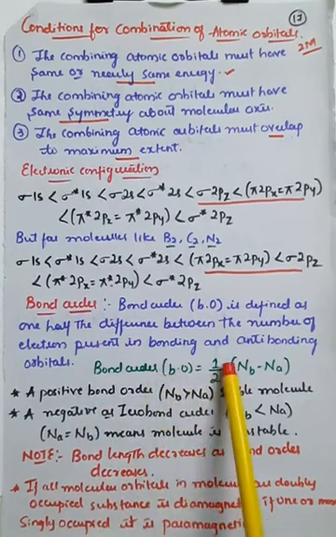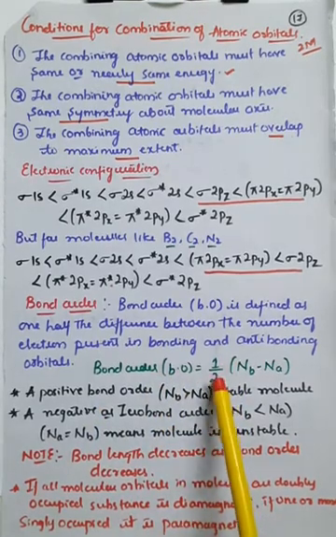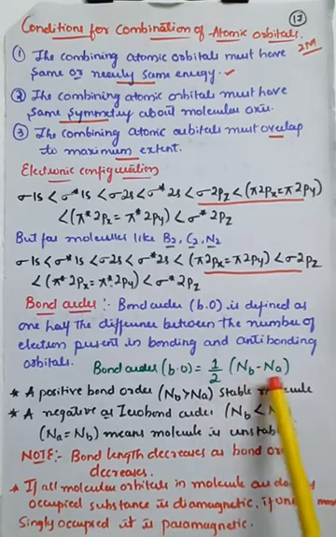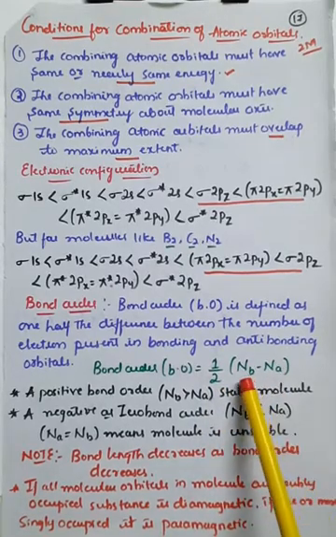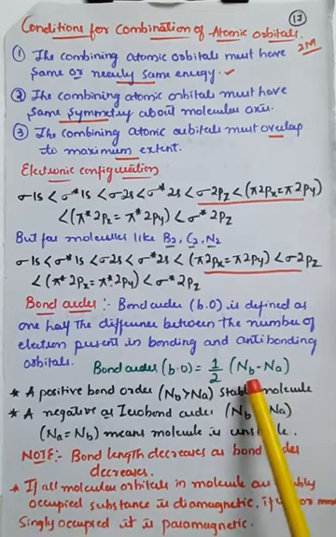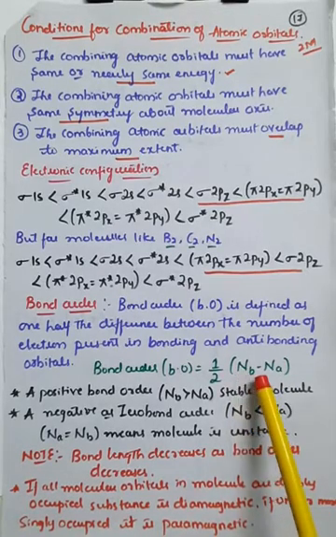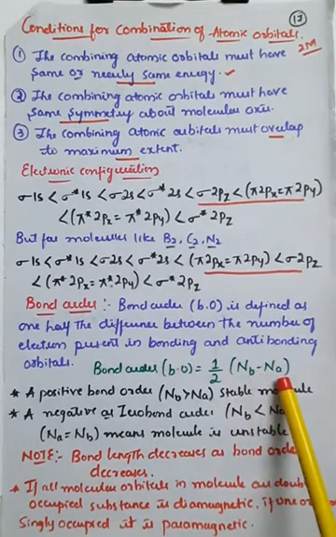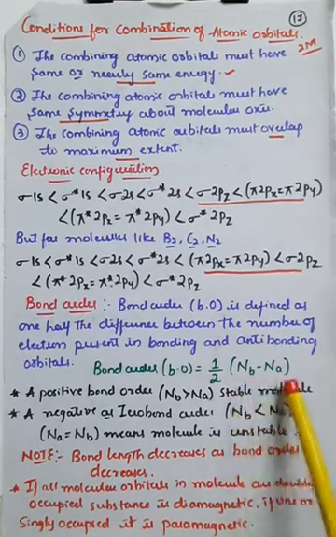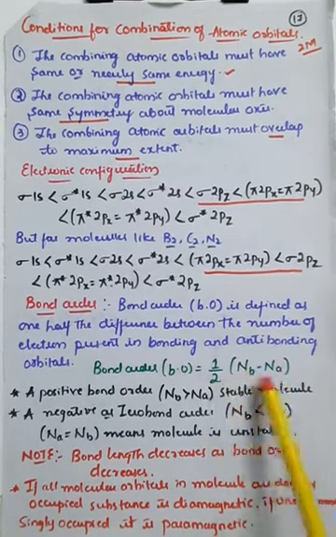Bond order is equal to 1 divided by 2, that is 1/2 of the total number of electrons present in bonding minus anti-bonding, right? So first we take bonding minus anti-bonding. You can also say the number of electrons present in bonding minus the number of electrons present in anti-bonding, divided by 2. Right? So 1/2 is nothing but divided by 2.